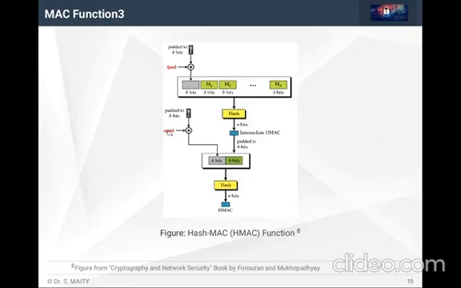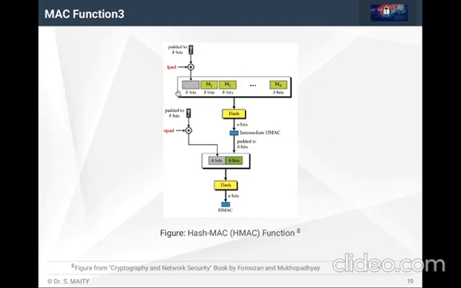And this one is a little bit more, not complicated, but we are doing some extra operations. We are using two constant strings which are called input pad and output pad. So this is the shared secret key, and this is the message. The message has a number of blocks, and we are prepending an extra block to the message, which is generated as the XOR of the shared secret key and the input pad.